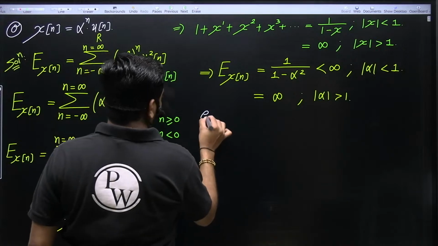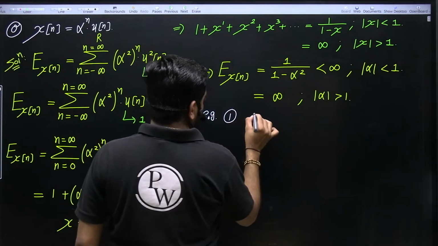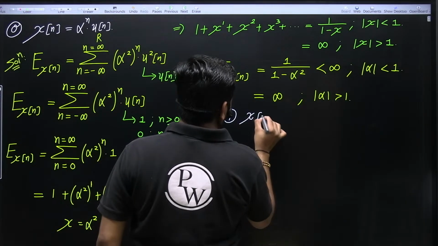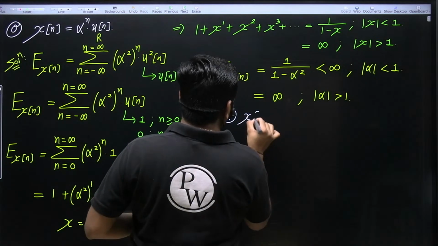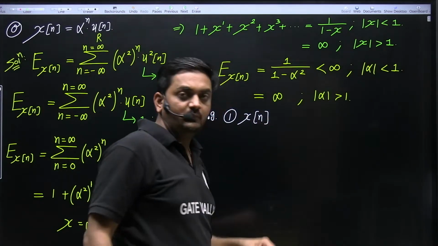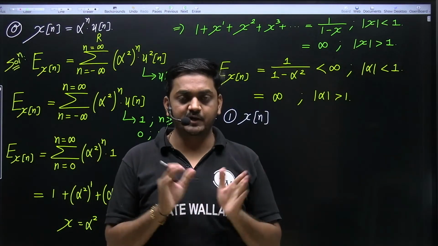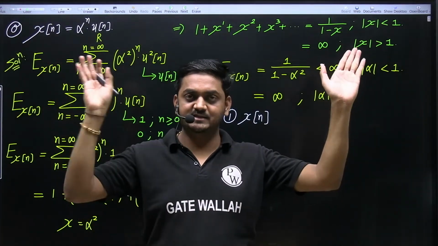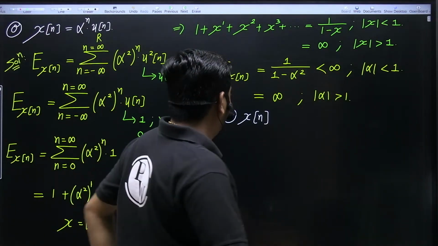Say, for example, number 1, suppose x of n. Again the same thing, guys: if it is a decreasing function, right side or left side, then the energy will be finite. If it is an increasing function, whether right-side increasing, left-side increasing or both-side increasing, then the energy will be infinite.